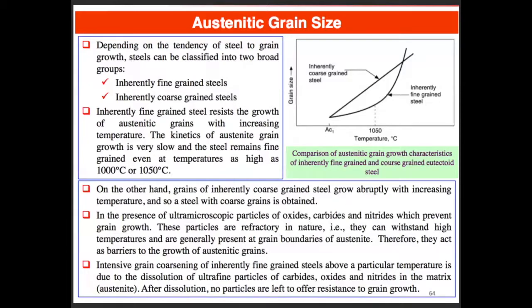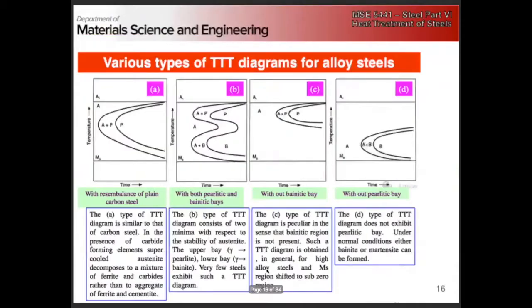And if we can make the solvus of these particles high enough, then we can go high into the austenite phase field without them dissolving, right? But if they do dissolve, the particles are going to have no more resistance to grain growth.